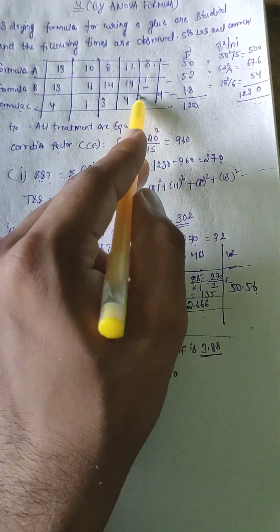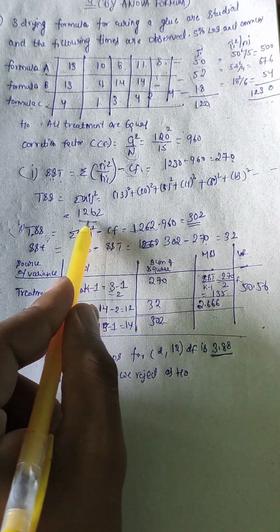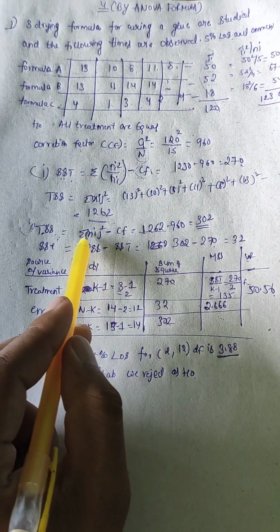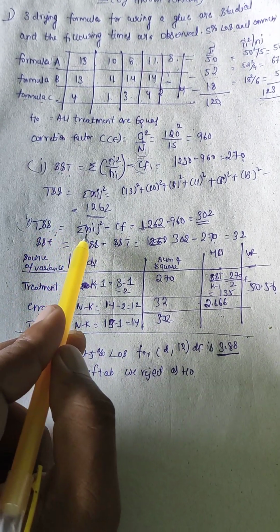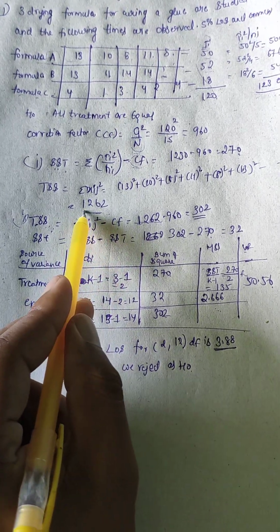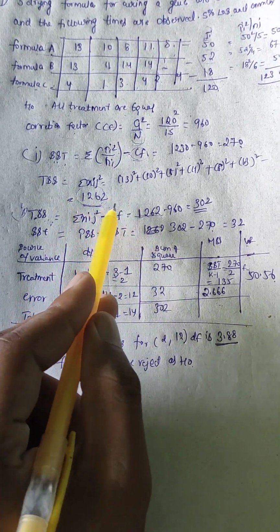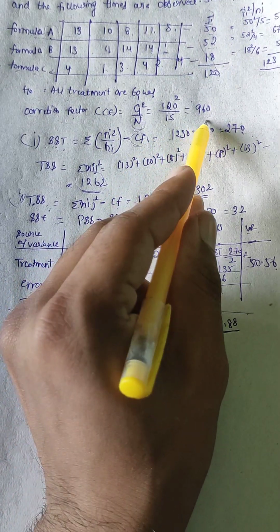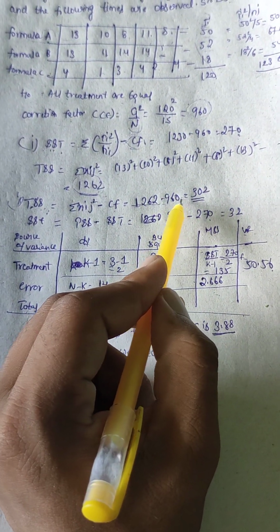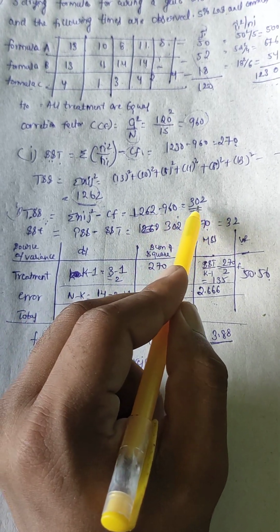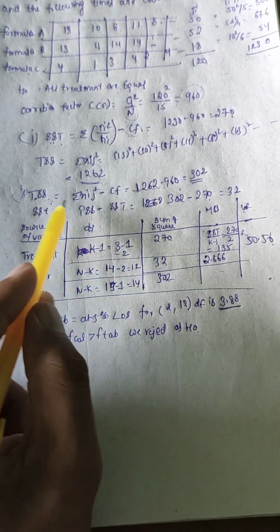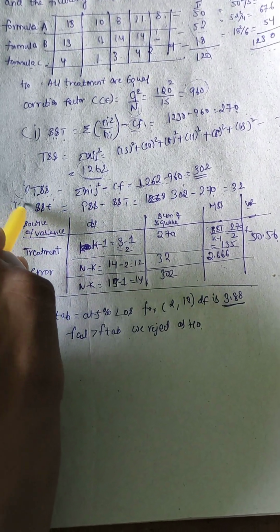We will get the value of 1262. The total sum of squares is sigma xi square minus the correction factor, so 1262 minus 960, we get 302. Then we find the sum of squares of error.